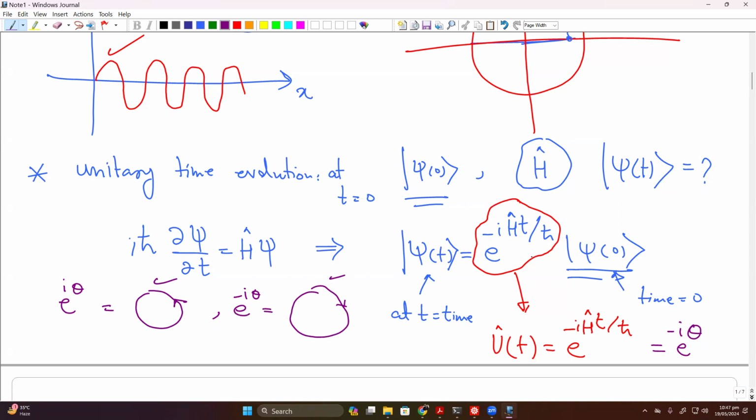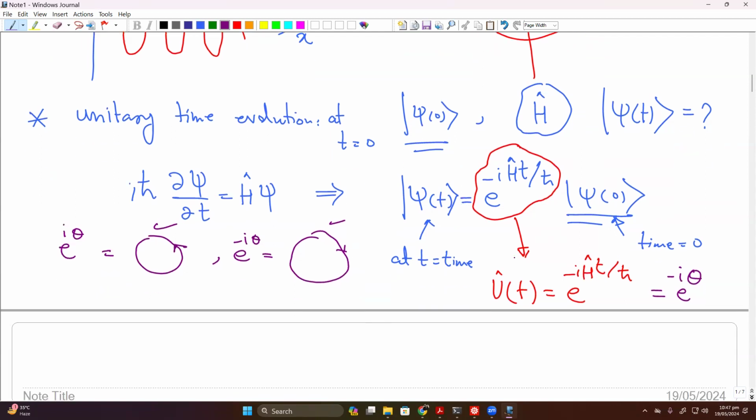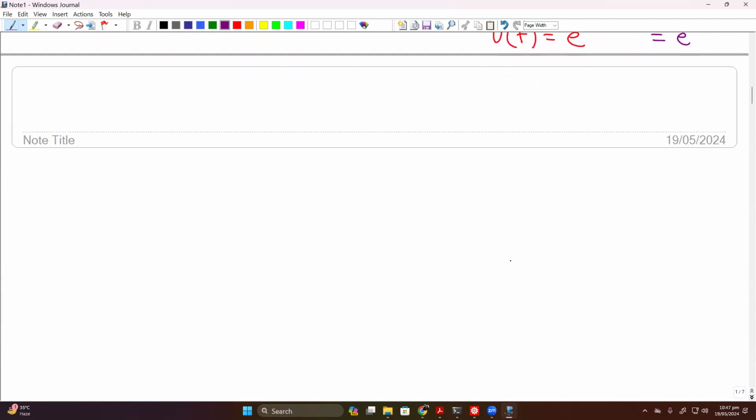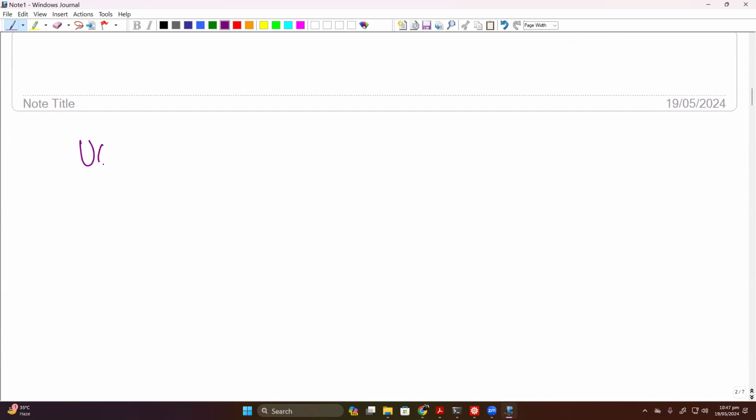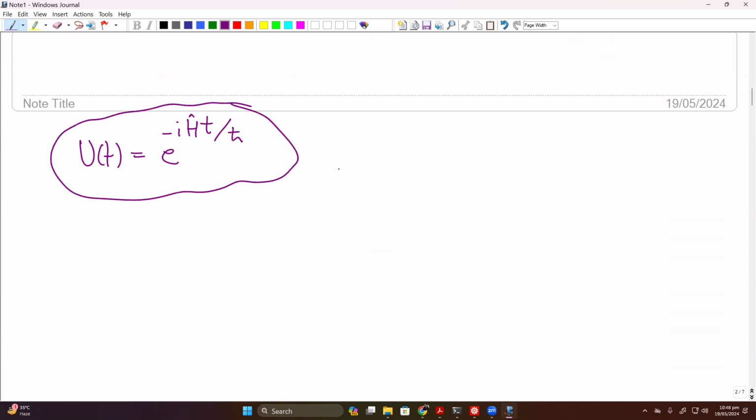So this operator, this e to the i theta, is called the unitary time evolution operator. Let me write it again. U of t is e to the minus i H t by h bar. And what it does, it evolves unitarily, it's a rotation operator.